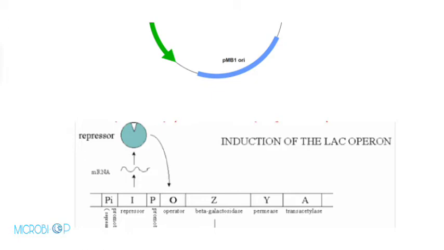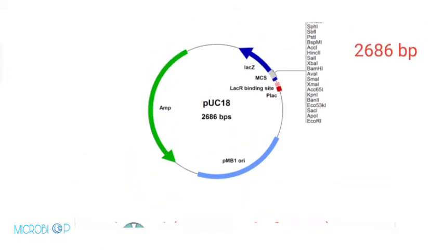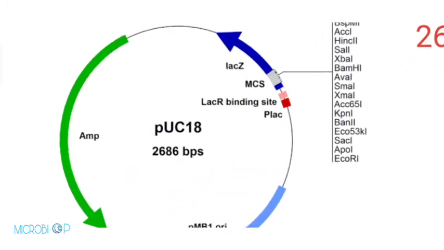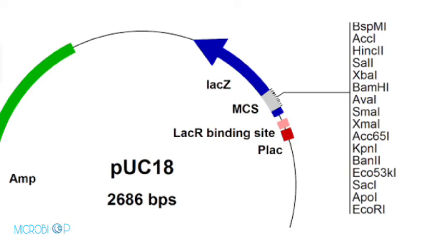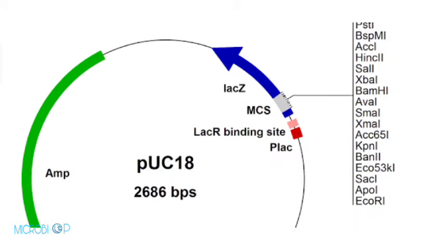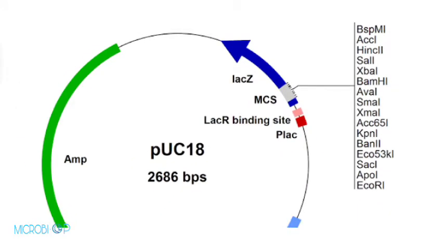Now, as I have said, it contains the lacZ gene, but the whole lacZ gene is not present in the pUC18. The plasmid consists of only the N terminal of the lacZ gene, and its better half, the C terminal, is present in the host, the host which is to be transformed.